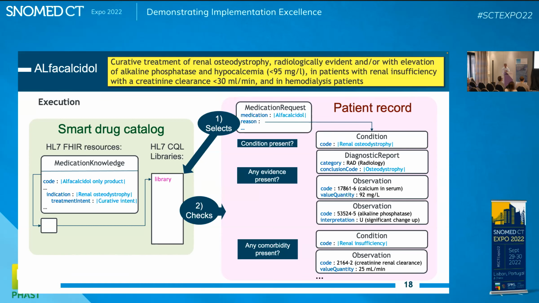And having done all this check, the reasoner can draw its conclusion and report back this conclusion to the client application. And the conclusion will look like this: treatment is recommended because it is applicable by this indication, for instance, or it is contraindicated by this contraindication.